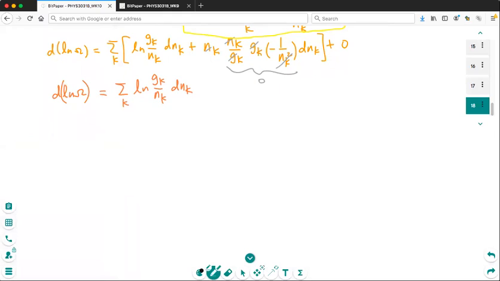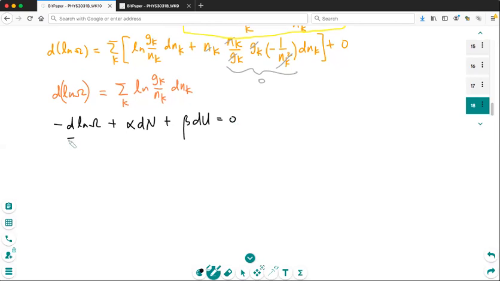Okay, what is the equilibrium distribution with respect to the constraint? So as usual, we need to set this to 0 and we need to set the two constraints to 0. So that gives us d log omega plus dn times the Lagrange multiplier, and the Lagrange multiplier for number is alpha, plus the Lagrange multiplier associated with energy, and that is beta, and that has to be 0.